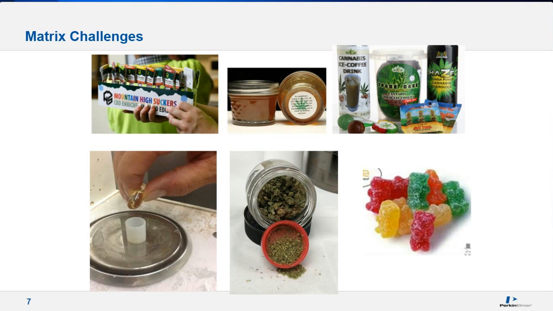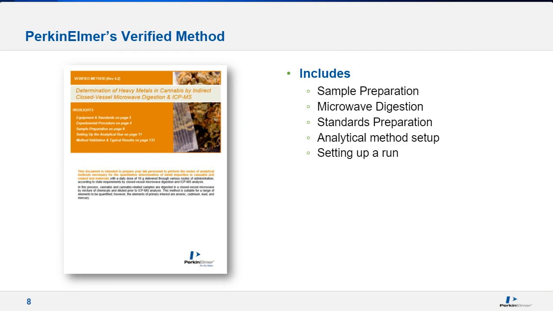To help laboratories with the full analysis, we've maintained a verified method for the determination of elemental impurities in cannabis and cannabis-derived materials by closed vessel microwave digestion and ICP-MS analysis. This is a way to help laboratories get ready faster.